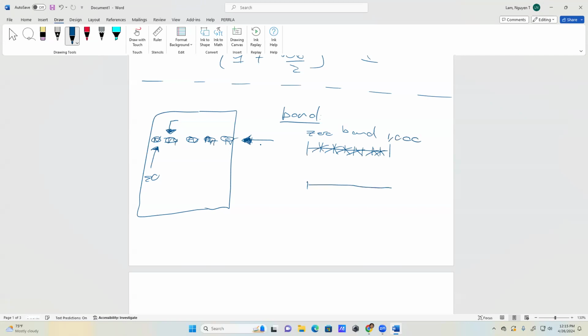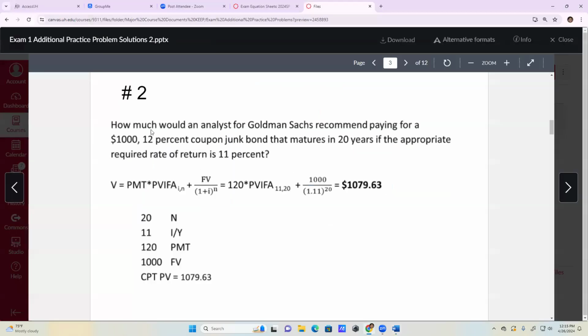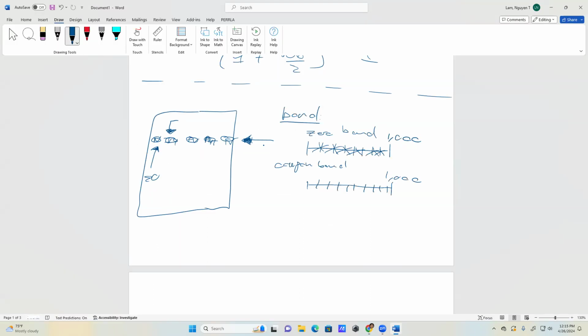However, if it's a coupon bond, then they're going to have a payment in between. And how do you know how much that payment is? It depends on the percent right here. What does it say? 12% coupon bond, right?